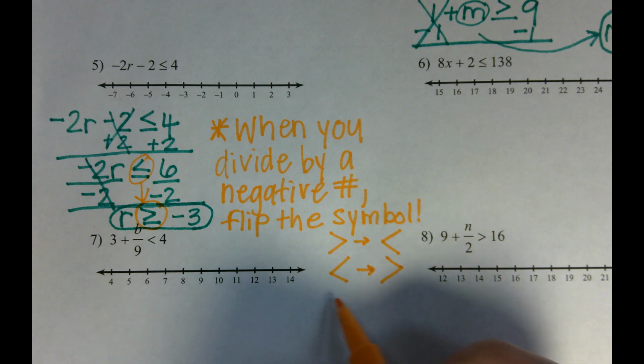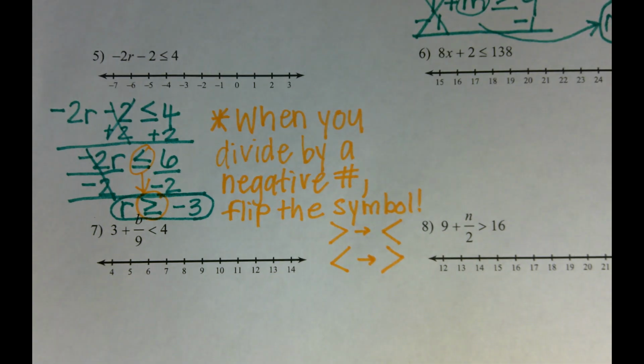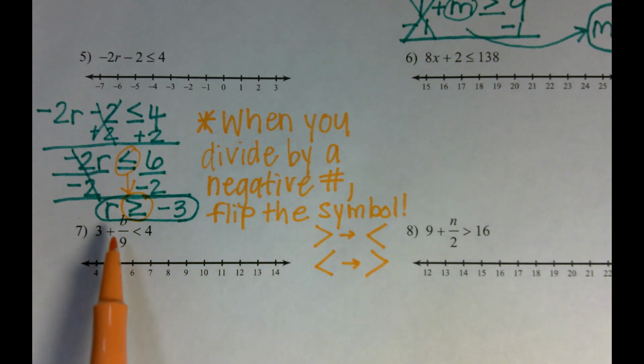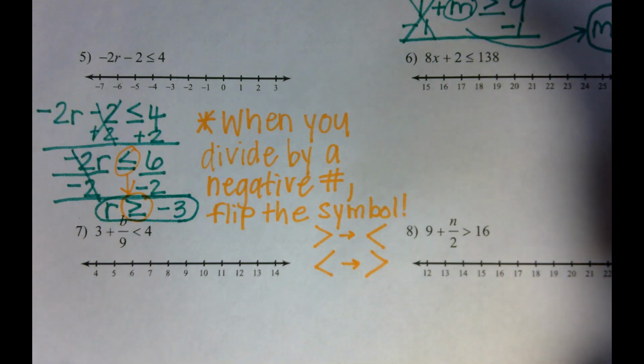Same with greater than or equal to. It becomes less than or equal to. So flip the sign. So we have our answer here. r is greater than or equal to -3.